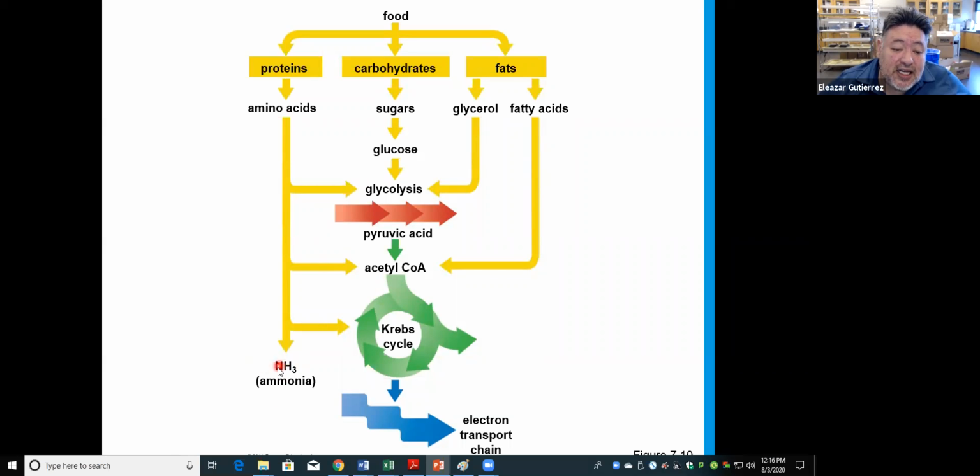This, incidentally, is interesting. One of the side products of protein in our bodies is ammonia. The reason that this is important is that as we become older, our kidneys have more and more trouble eliminating things that are heavy, and nitrogen is very heavy.